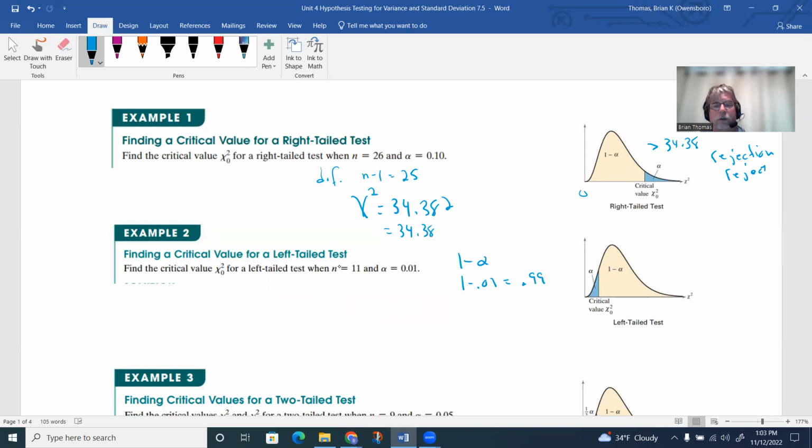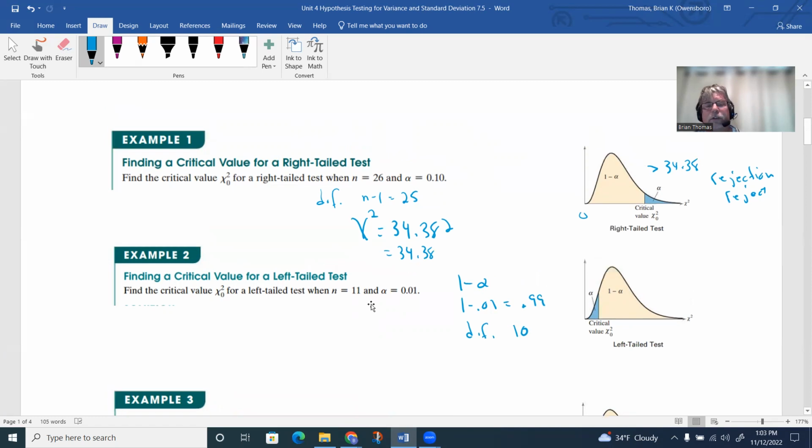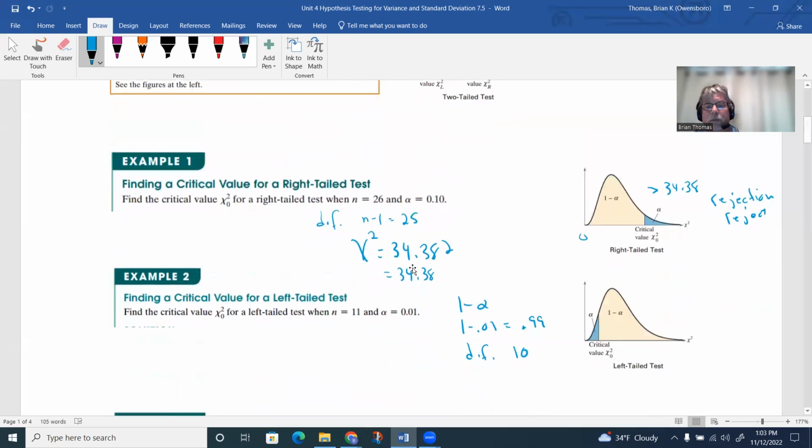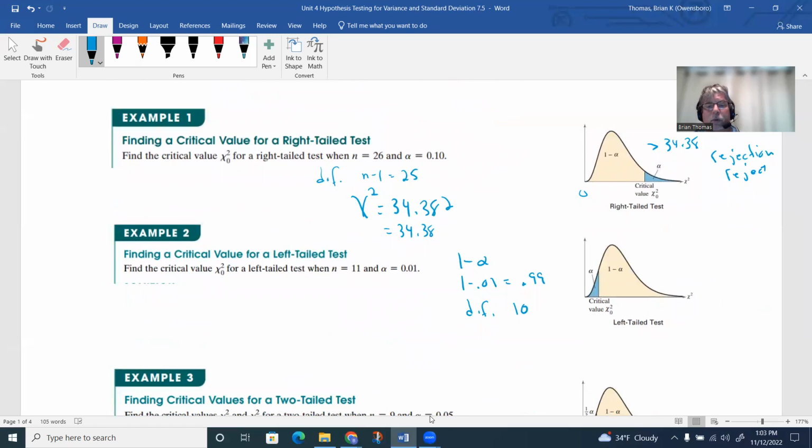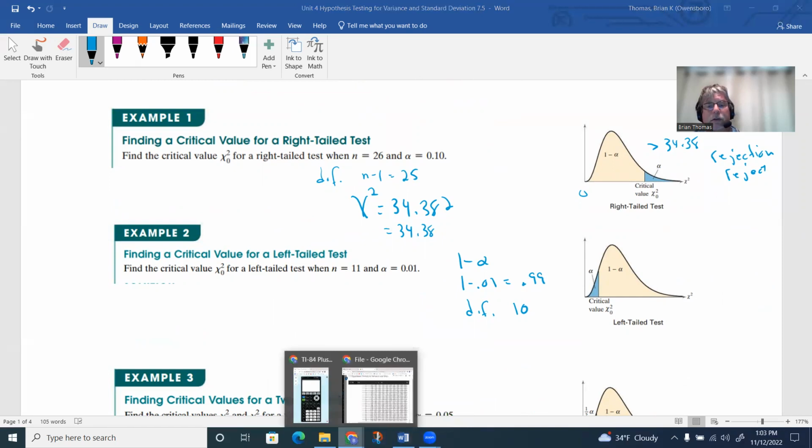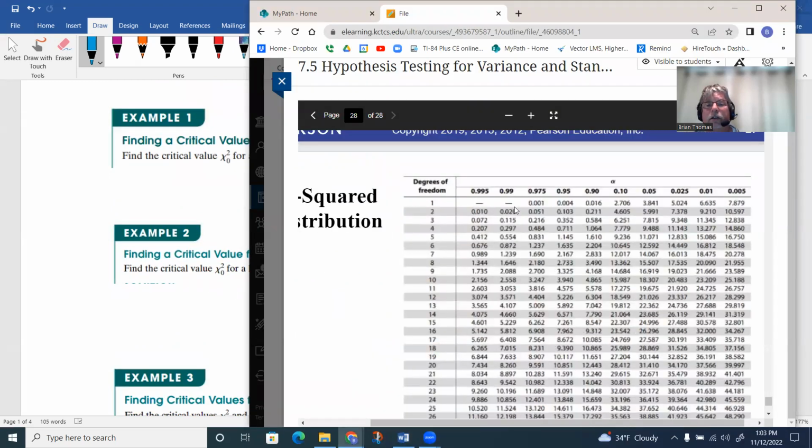Degrees of freedom is going to be 11 minus 1, which is 10. So 0.99 and degrees of freedom of 10 is 2.558.